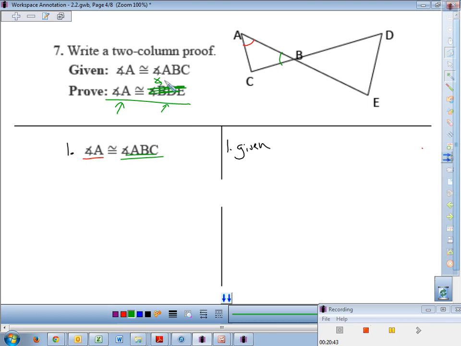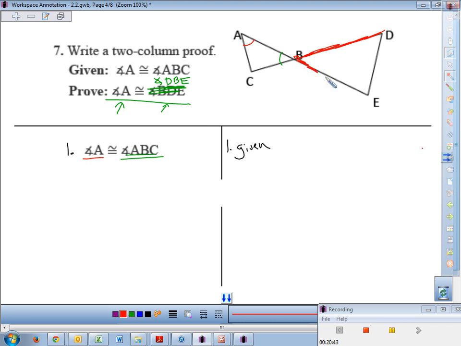This should say angle DBE, sorry, I've got typos all over this thing. Let's think about it. Have we said anything about angle A yet? Yes. Have we said anything about angle DBE? No. So I'm going to find angle DBE in my picture.